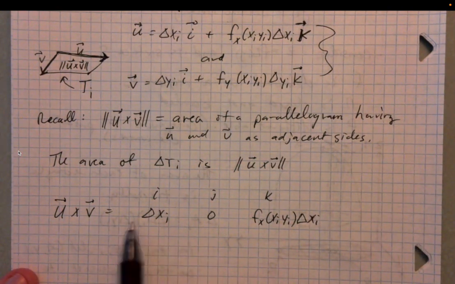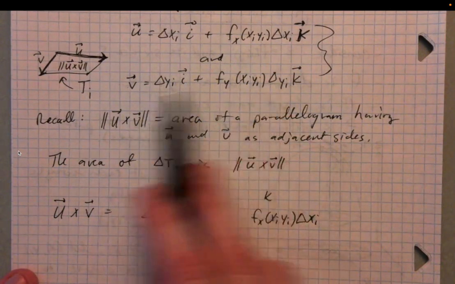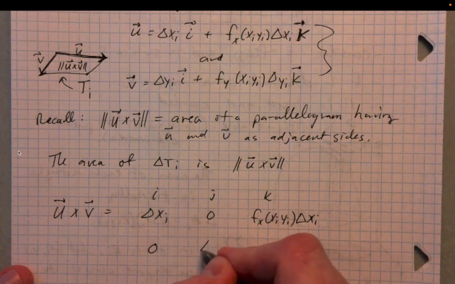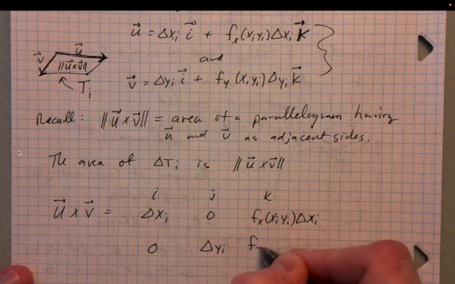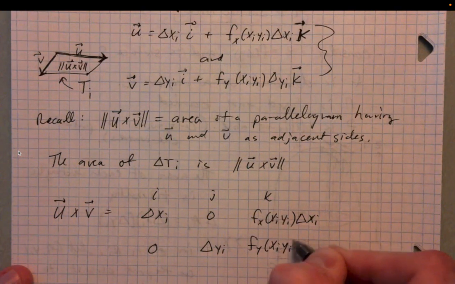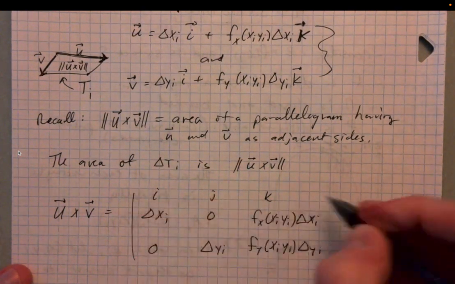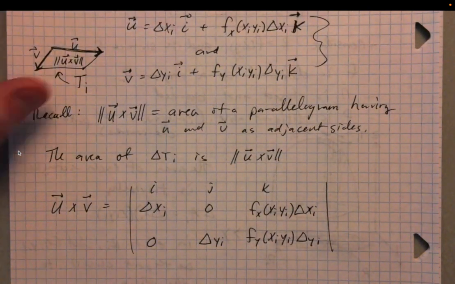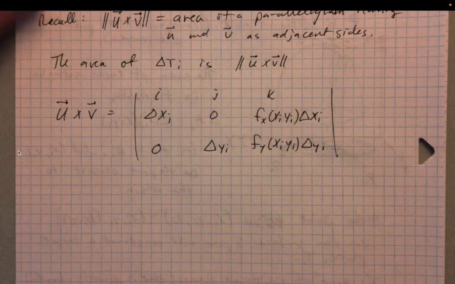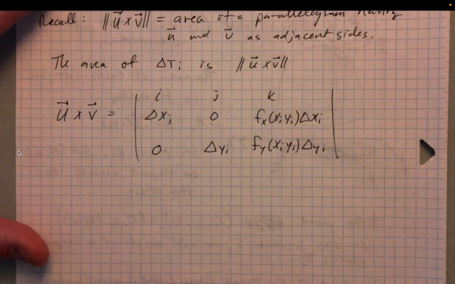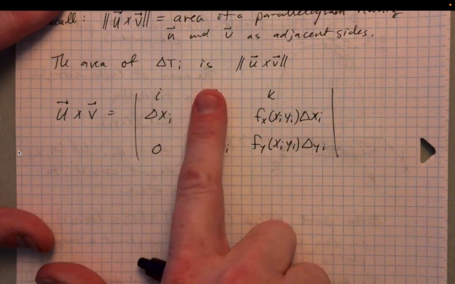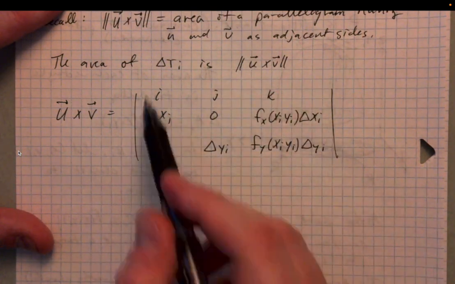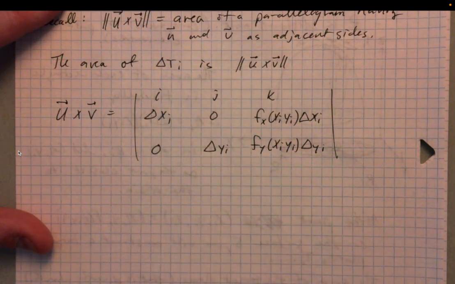And so this would be your U, and then similarly for V, you're going to have a 0 here, but a delta yi, and then f sub y at (xi, yi) delta yi here. So what we need to do is calculate this cross product. We remember how to calculate the cross product. We're going to need the i component, j component, k component, and it's done by crossing, so cross multiply and subtract the two products.